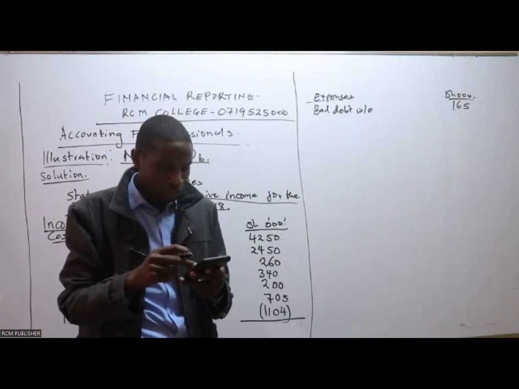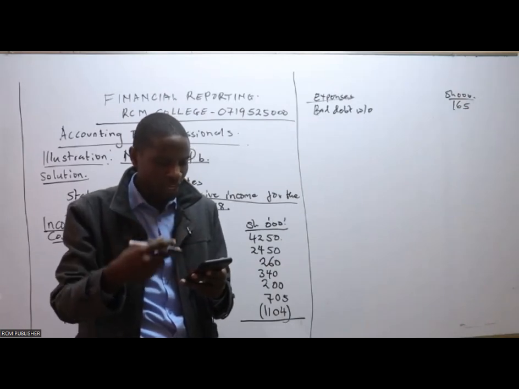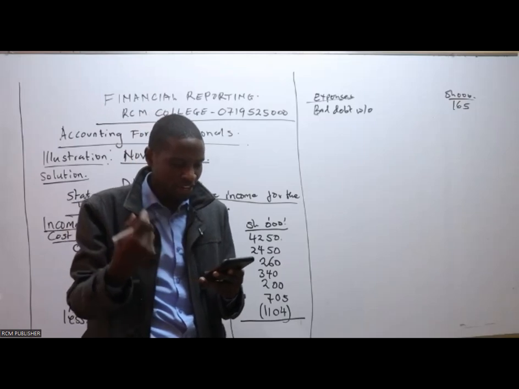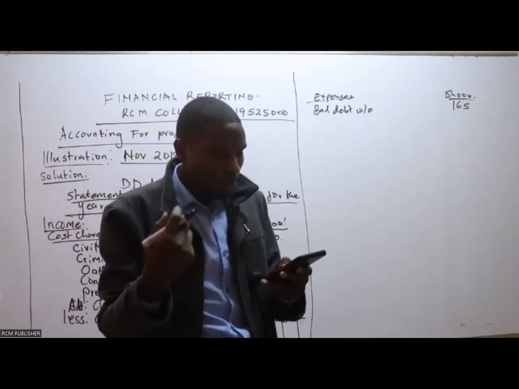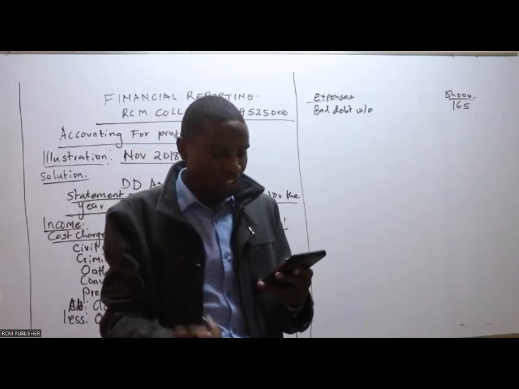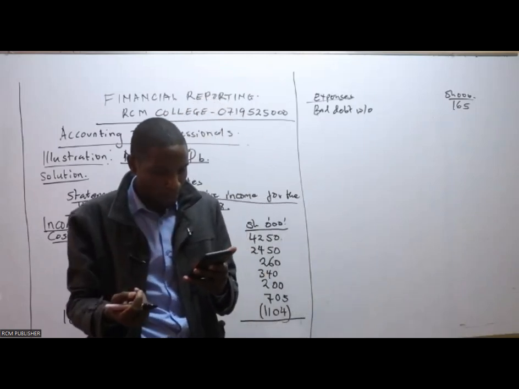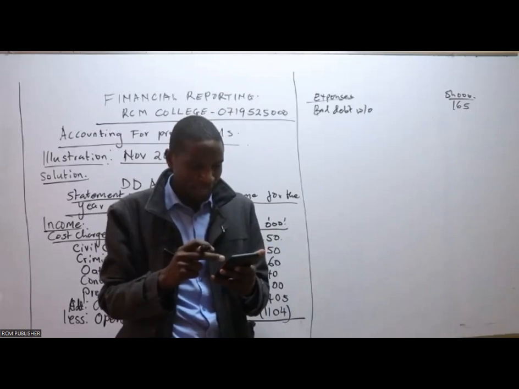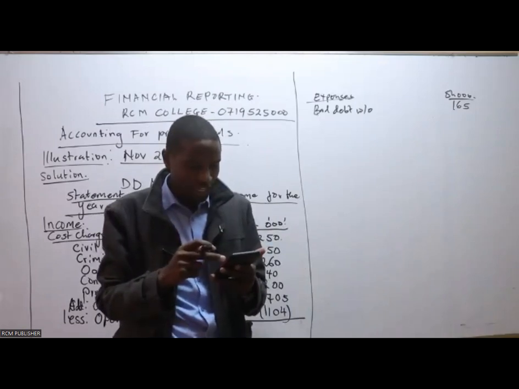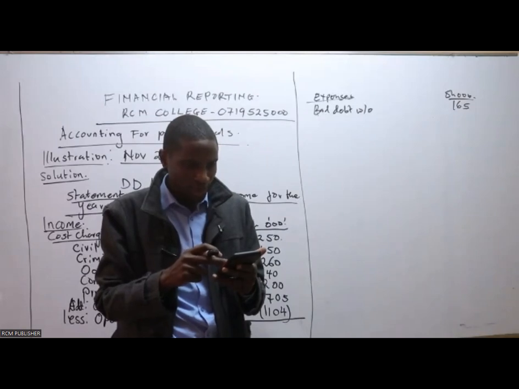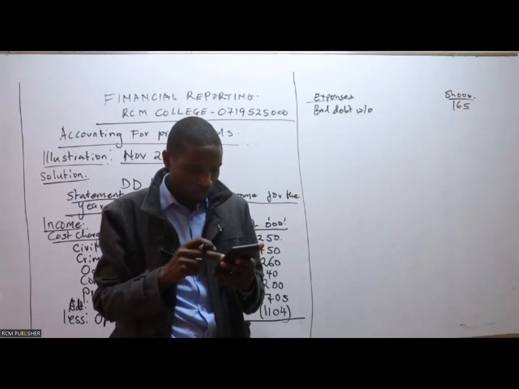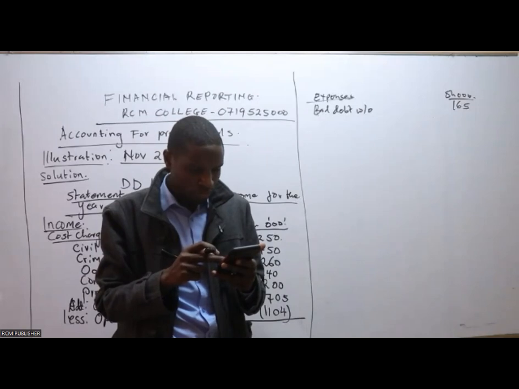Additional information number 2 is telling me of depreciation. Depreciation should be provided at the rate of 20% per annum on the book value of furniture, fittings and library books. Where are those? Now let's look for the depreciation of those items.